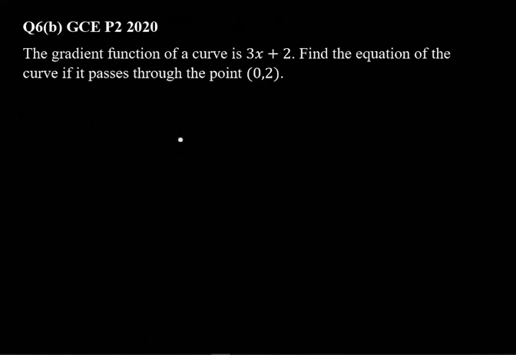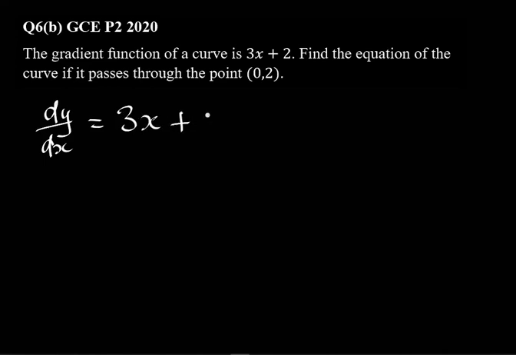Here's another question, a very interesting one actually. The gradient function of a curve is 3x plus 2. Find the equation of the curve if it passes through the point 0, 2. Interesting, isn't it? Alright, so they're telling us that dy/dx is equal to 3x plus 2.